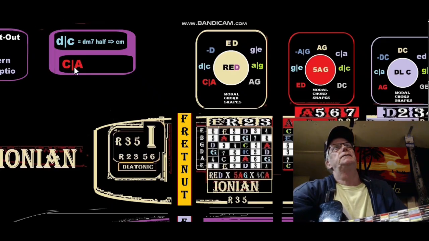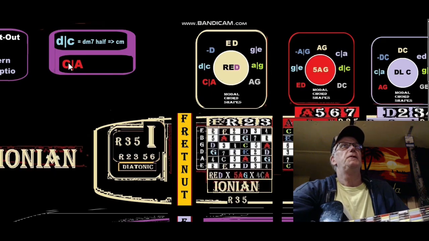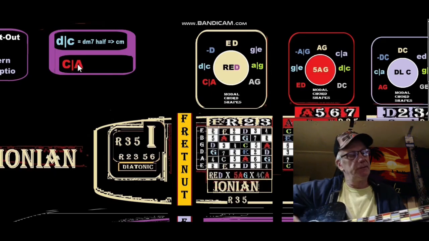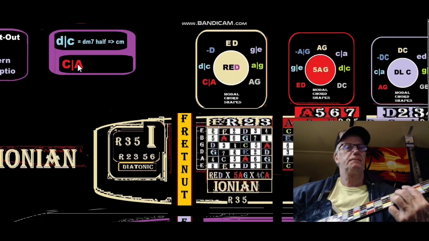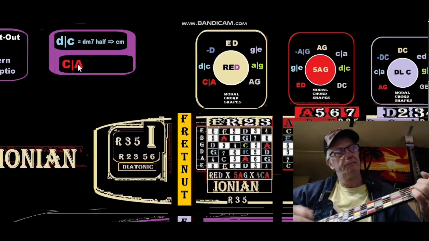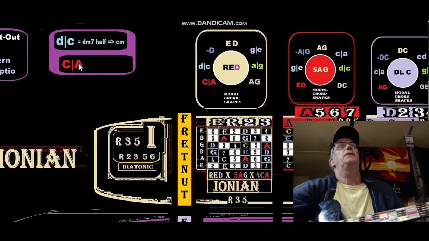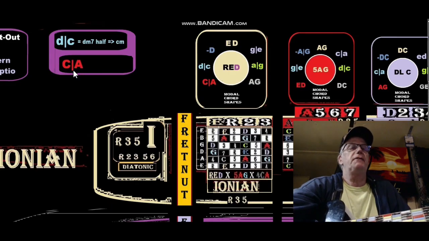Right there, so that's a dominant 7th. Dominant 7th C shape, C half shaped G7 to an A7 right here. A7 shaped G. So that's what the slash means, half shape.